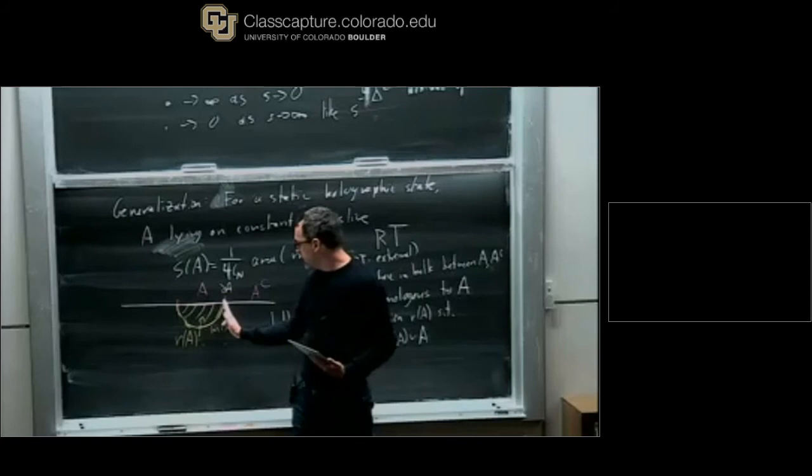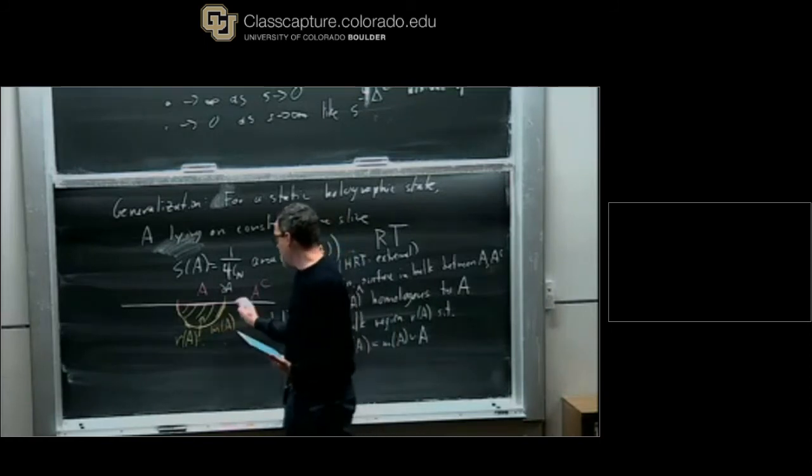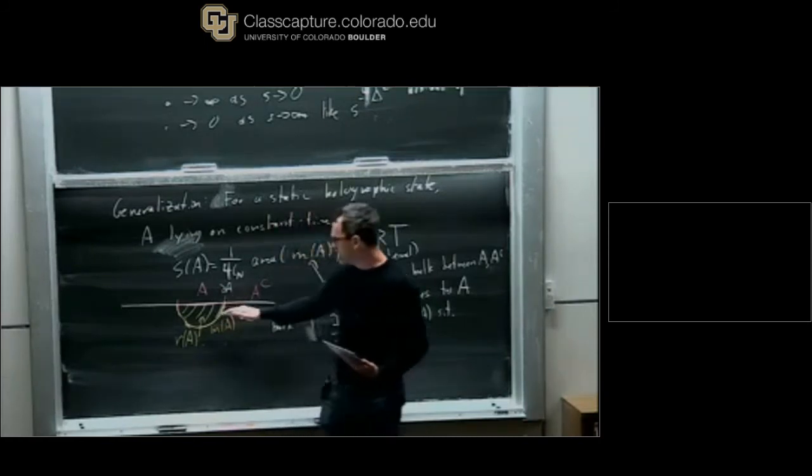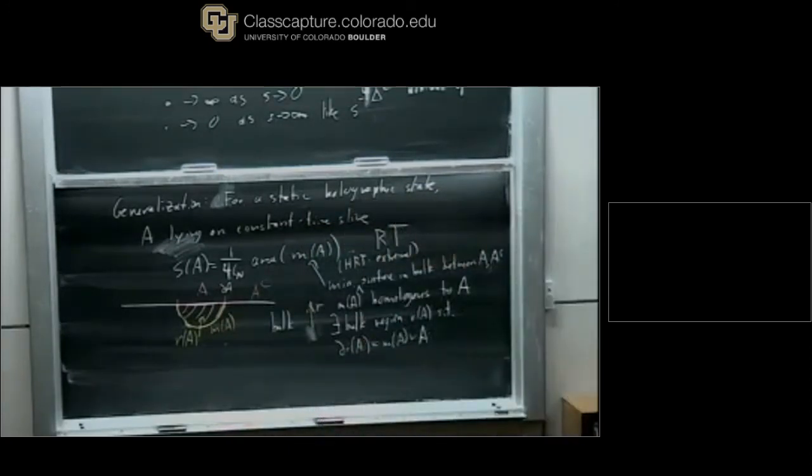Furthermore, the infinity is proportional to the area of the entangling surface, and you can easily calculate how it depends on epsilon, and it comes out the right way. That's a fairly straightforward calculation. So you get the area of the boundary of A over epsilon to the d minus 2, and then you can work harder and get subleading terms.